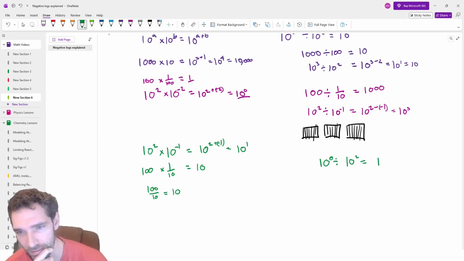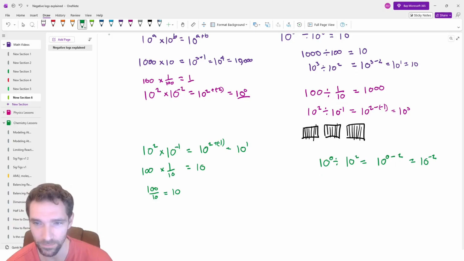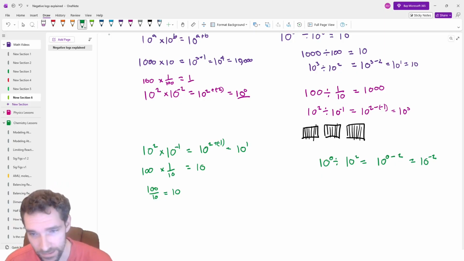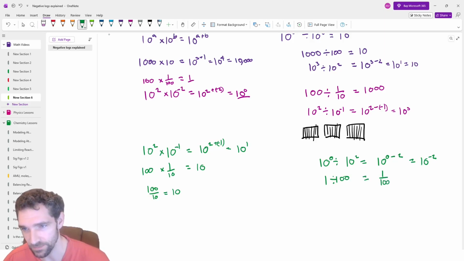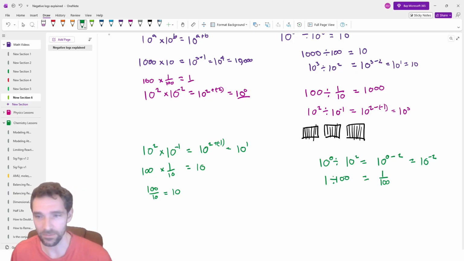So we could think about that as 10 up to the 0th power minus 2, aka 10 up to that negative second power, which you can see is 1 divided by 100, which is going to be 1 over 100.